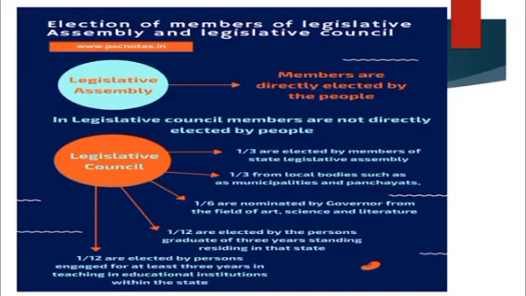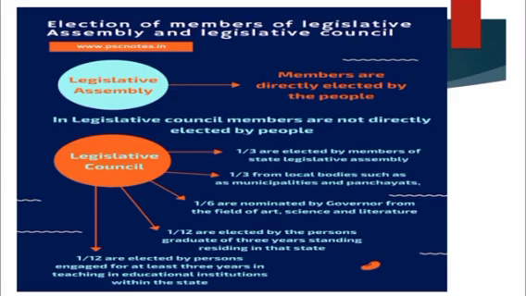Next, let's see about the election of members of the Legislative Assembly and Legislative Council. In the Legislative Assembly, members are directly elected by the people, whereas in the Legislative Council, members are not directly elected by the people. In the Legislative Council, 1/3 are elected by members of the State Legislative Assembly, then 1/3 from local bodies such as municipalities and panchayats. 1/6 are nominated by the governor from the field of art, science and literature.